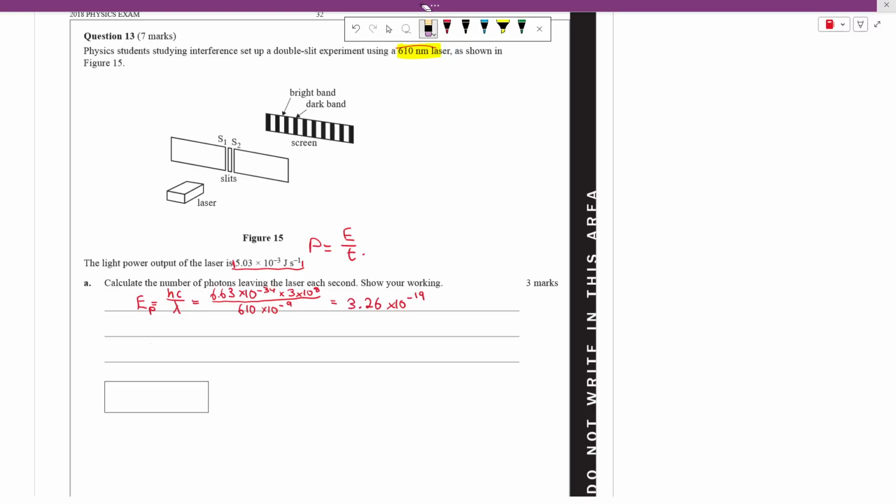N, number of photons, is equal to total energy divided by energy of a single photon.